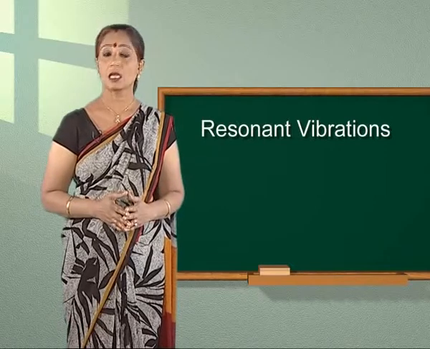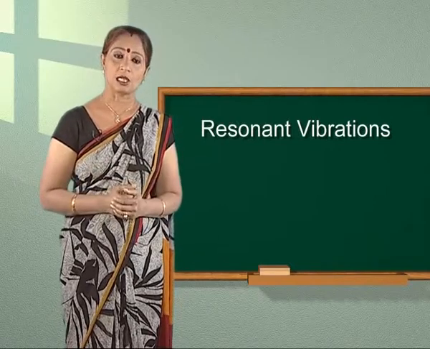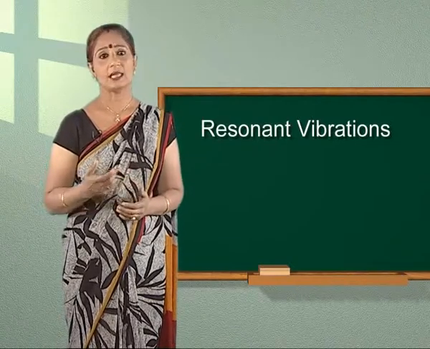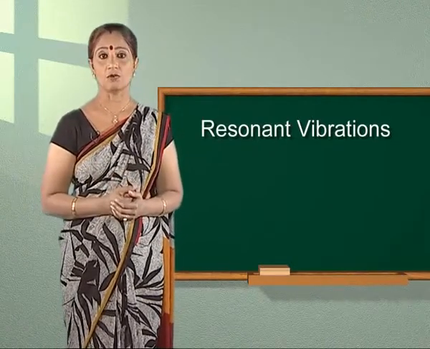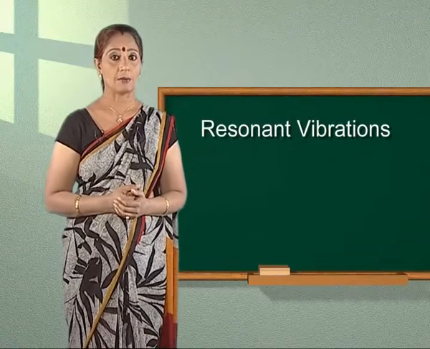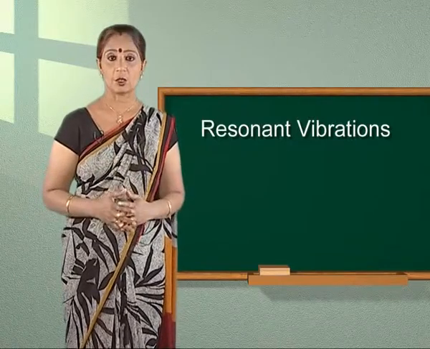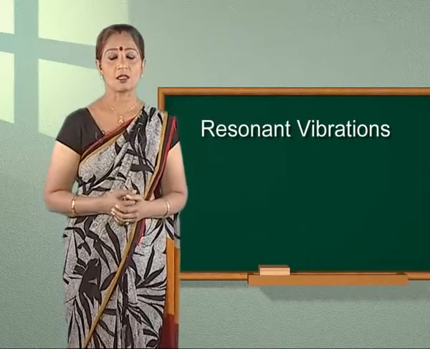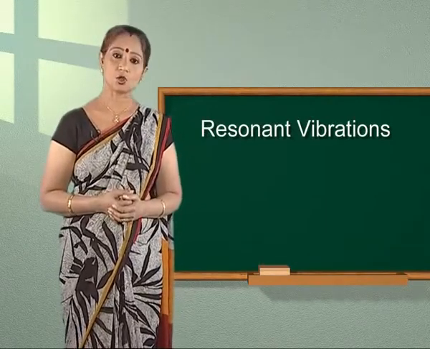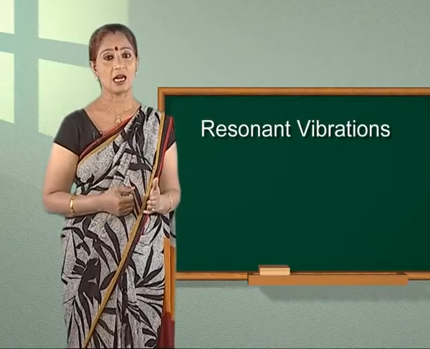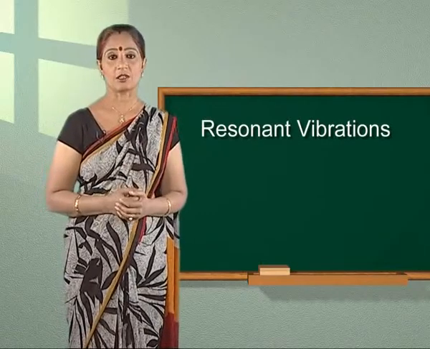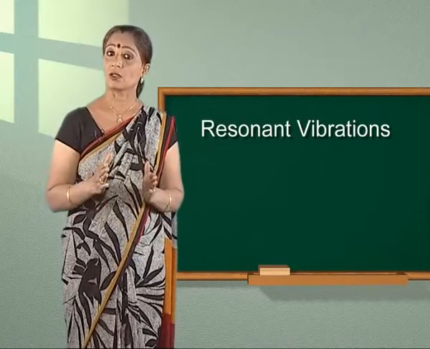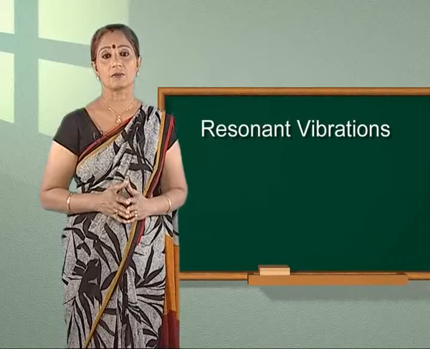In this case, the first vibrating body will continue vibrating even when the second body is removed. For example, in the sonometer experiment, when the paper rider falls, the vibrations of the sonometer wire are resonant vibrations, whereas the wire is in resonance with the tuning fork.